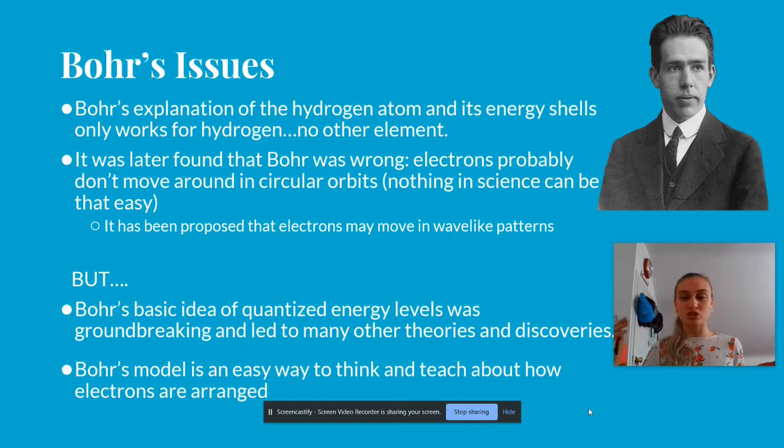That's true, it's just the way they're oriented was not right in his model. But because he hypothesized that electrons are organized in energy levels, other people went on to think, oh yeah, maybe he's right, and they went on to make more discoveries about how electrons actually move in atoms.